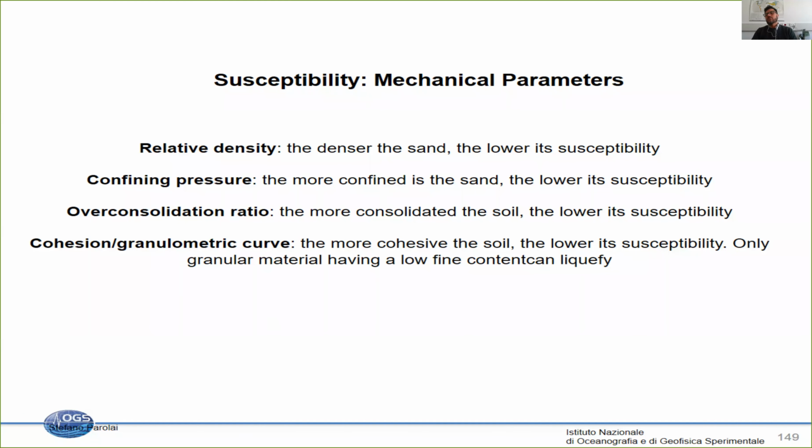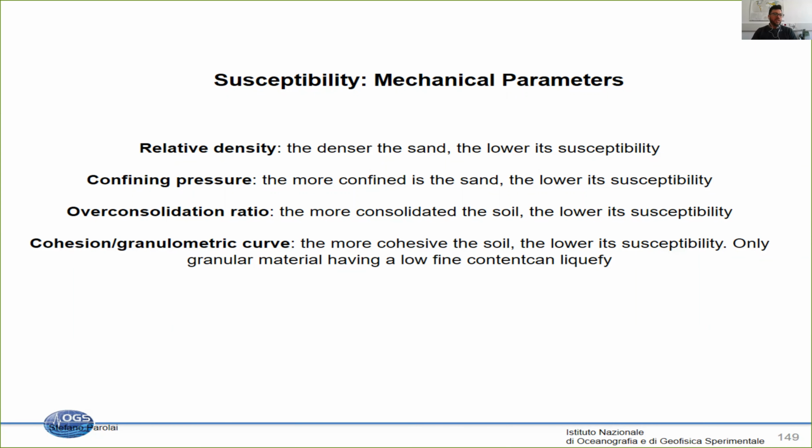Overconsolidation ratio: the more consolidated the soil, the lower its susceptibility, and also the kind of granulometric curve that you have. So cohesive soil, like clays, have low susceptibility. Granular material with few fine content can liquefy.